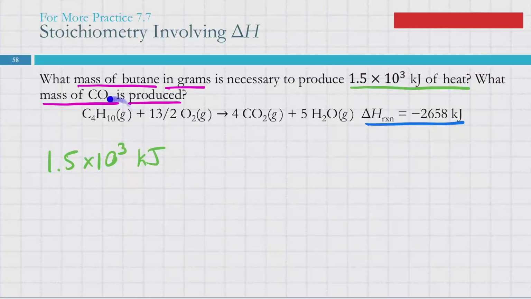And it also has in it the butane and the CO2. So how many moles of C4H10 are produced for every this amount of kilojoules that's released? 1 mole.